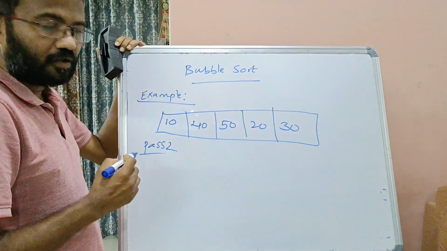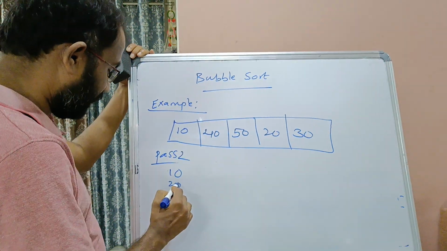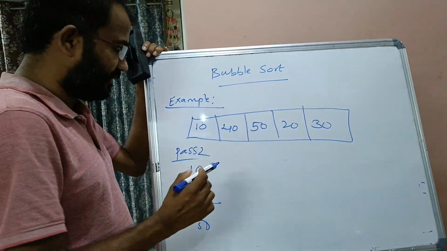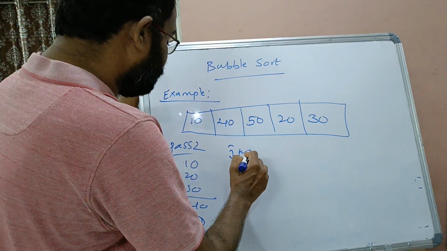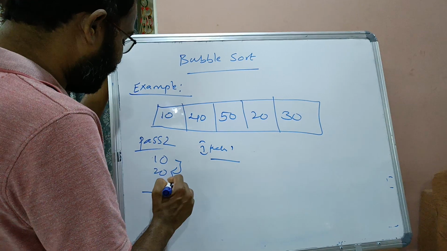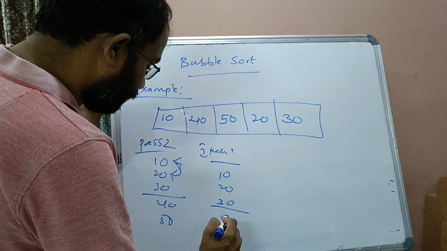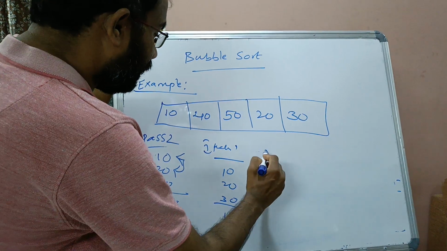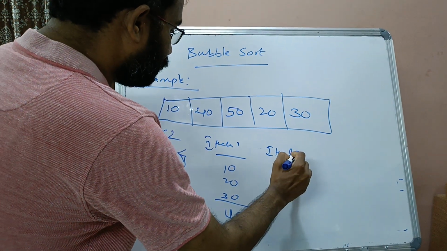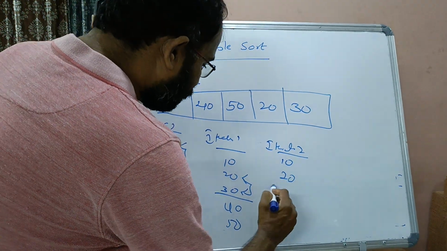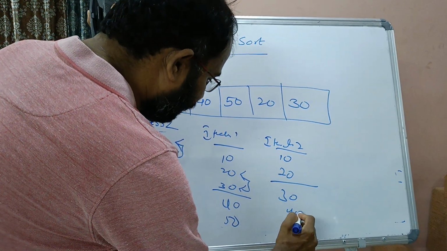Now pass 2. 10, 20, 30, 40, 50 are sorted. Here only 2 comparisons. In iteration 1, 10 and 20 are compared, no need of swapping. In iteration 2, 20 and 30 are compared, no need of swapping. Now 10, 20, 30, 40, 50.